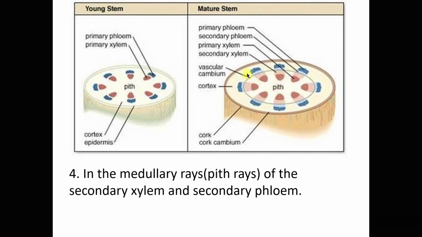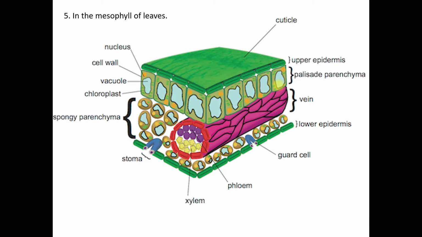Senang cerita, hampir semua bahagian tumbuhan ada parenchyma cells. And then in the mesophyll of the leaves, this is the upper epidermis with the cuticle, which is derived from the protoderm. And this consists part of the dermal tissue.